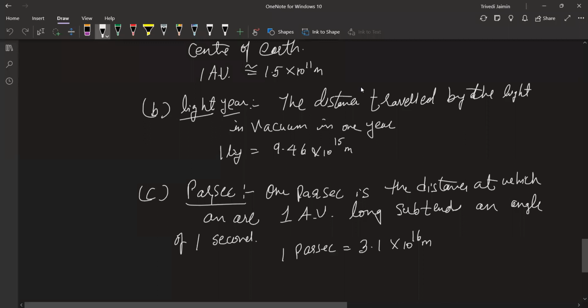That is 1 parsec. So therefore, 1 parsec equals 3.1 into 10 to the power 16 meter. Understood?